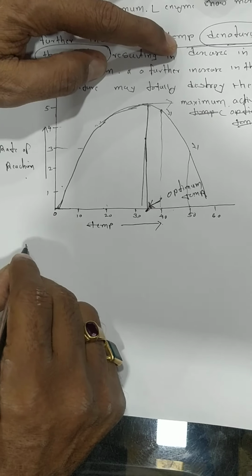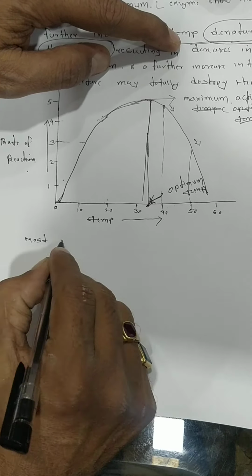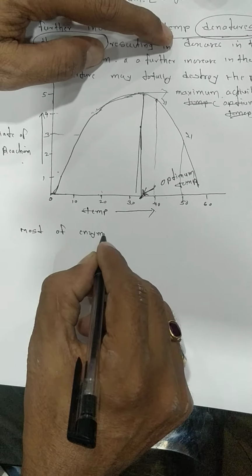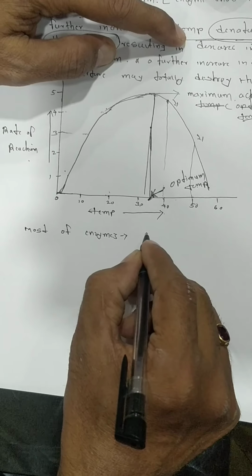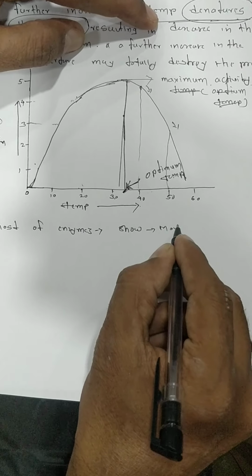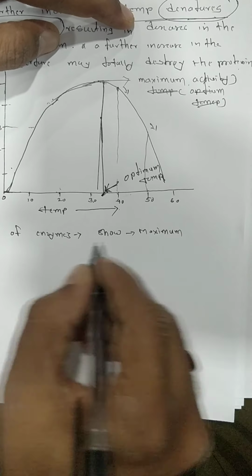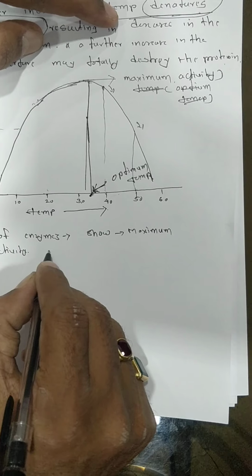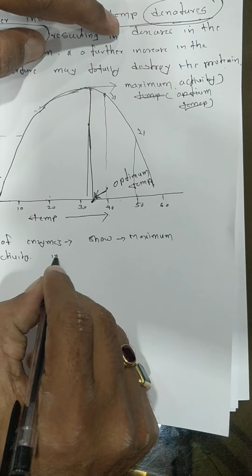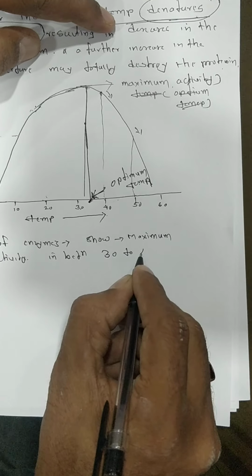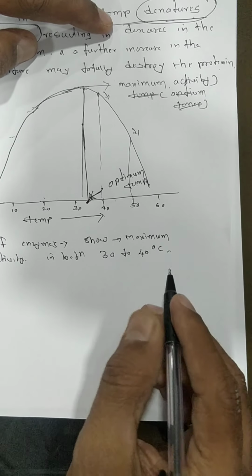Most enzymes show the maximum activity in between 30 to 40 degrees Celsius.